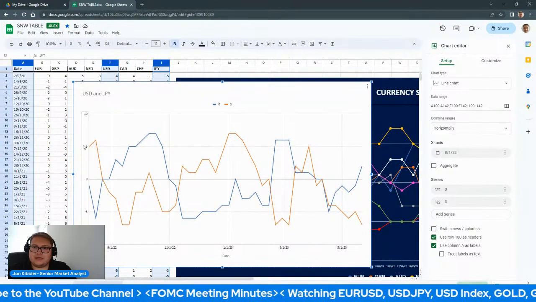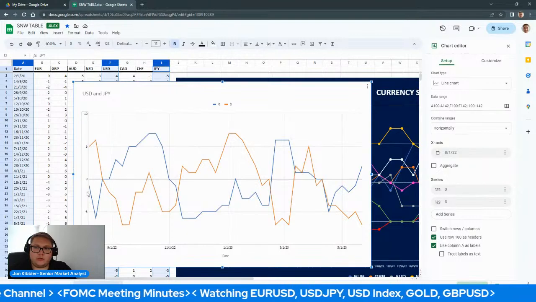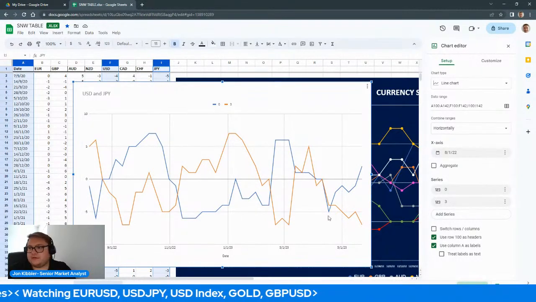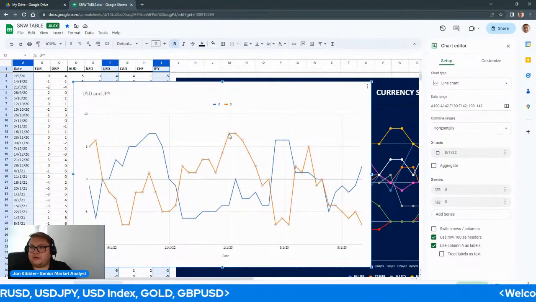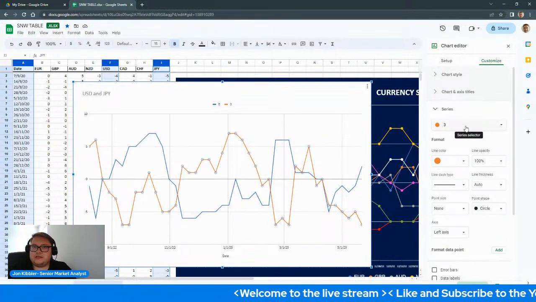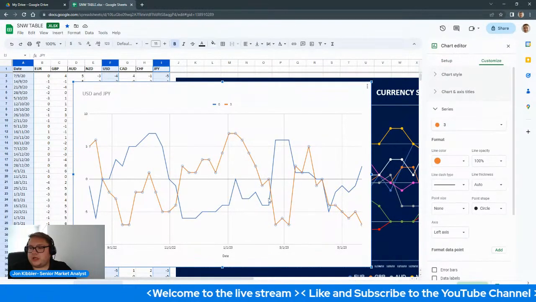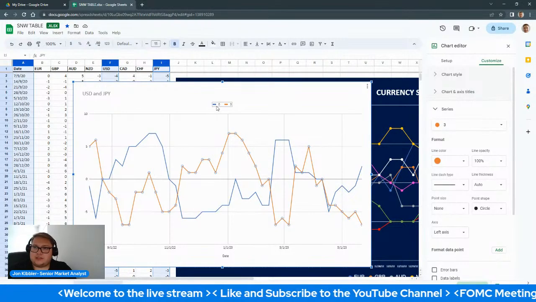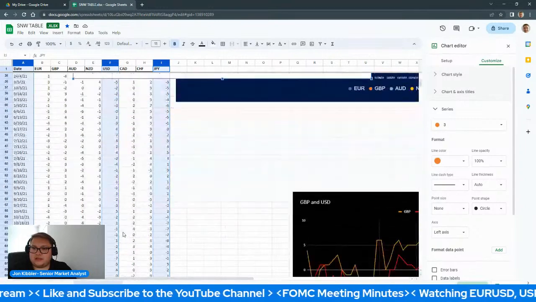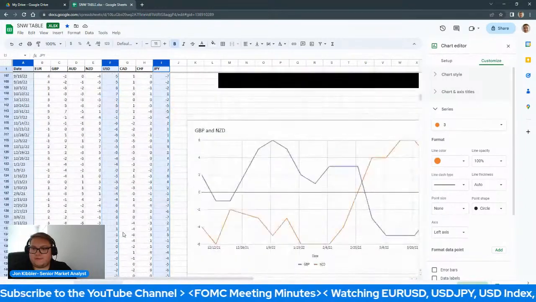So you've got your axis here, which is your scoring from 0 to +7 to -7. Okay. You've got your green line, your orange line, which is saying series 3 at the moment, but you want to change that so it says US dollar or Japanese yen. The easiest way to do that is to go to your latest data.